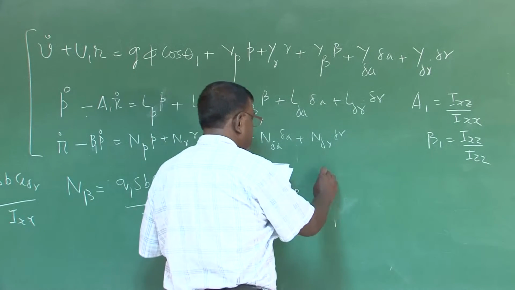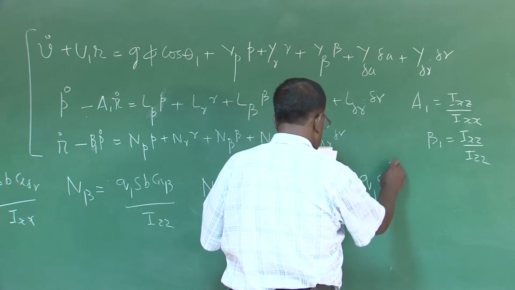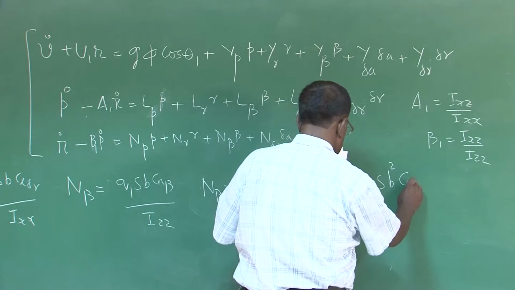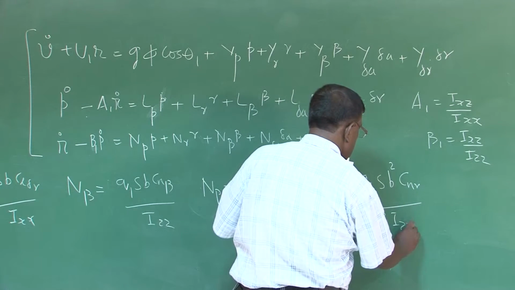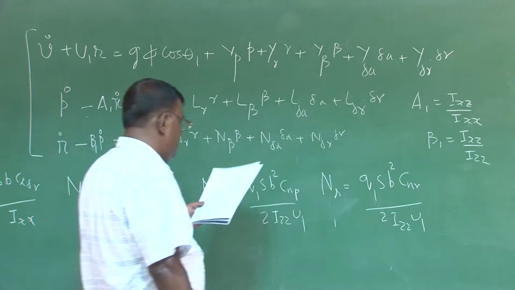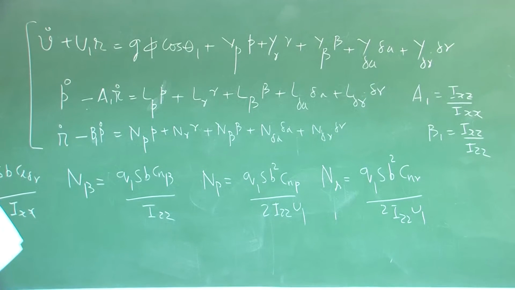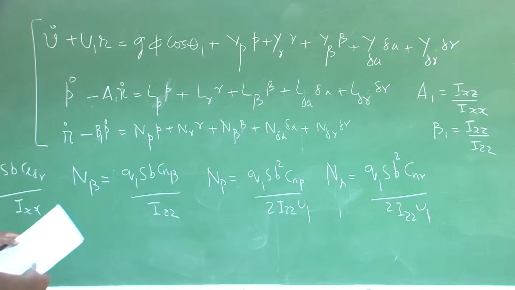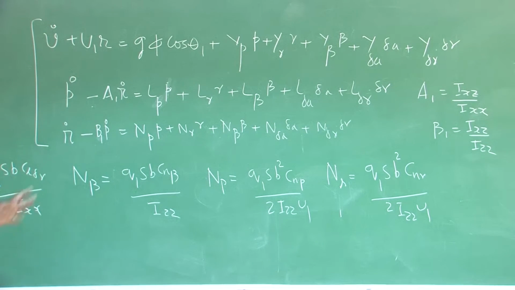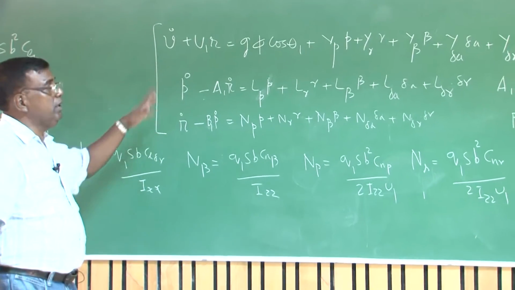Then Nr will be Q1 S b square CNr by 2 Izz U1. You can find out N delta a and so on. What I will do, I will be giving a page with the whole of these expressions. You need not remember this, even you need not remember these equations. I am again and again telling you, these are standard ones you have to do to make a clear-cut understanding of what these things are.